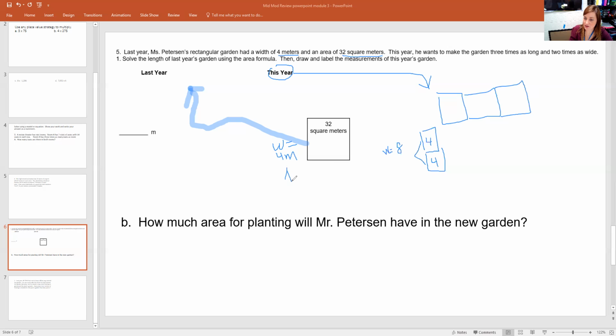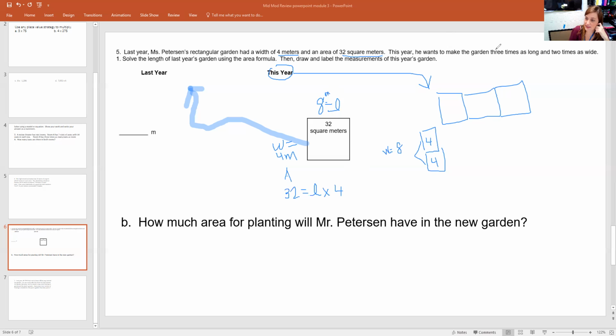We know the area is 32, and we don't know the length, but we know the width is 4. So I have to think what times 4 gives me 32. If I was singing the song of the fours, I would just do 4, 8, 12, 16, 20, 24, 28, 32. So I know it's 8. Okay, so that's the length, the missing thing. It's going to be 8 meters.